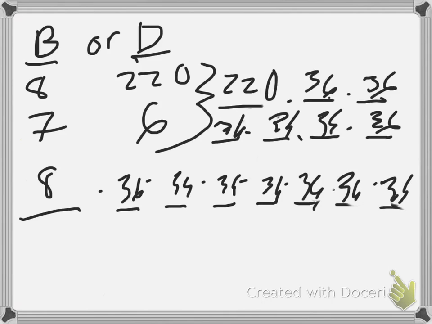There: 1, 2, 3, 4, 5, 6, 7. Okay. So, you have 220 designs to pick from and only 6 characters, or you could pick 8 backgrounds and 36 and 7 characters.